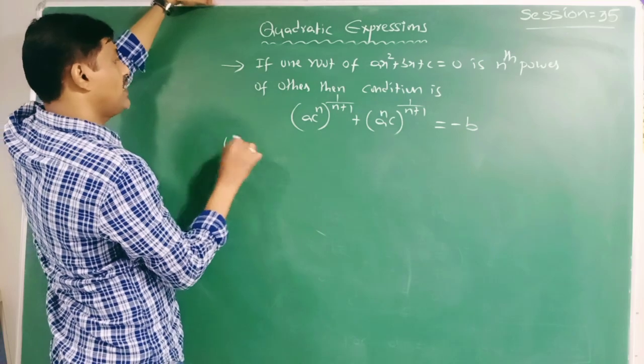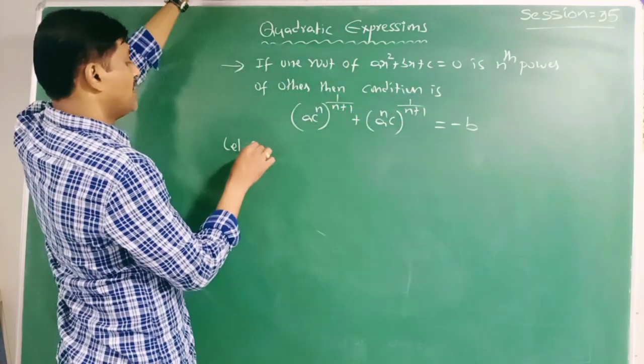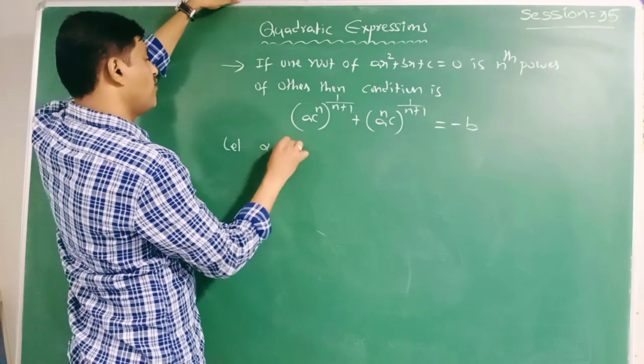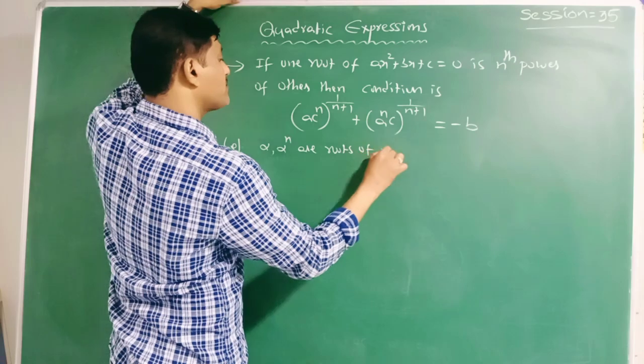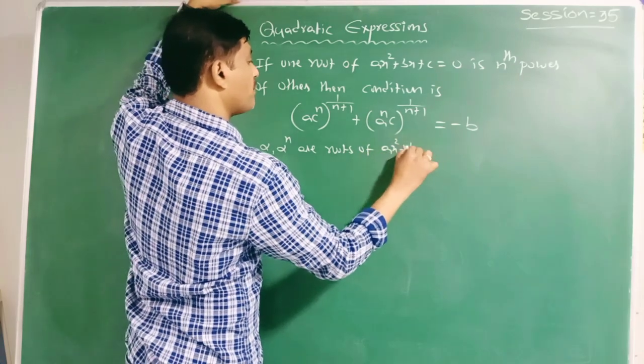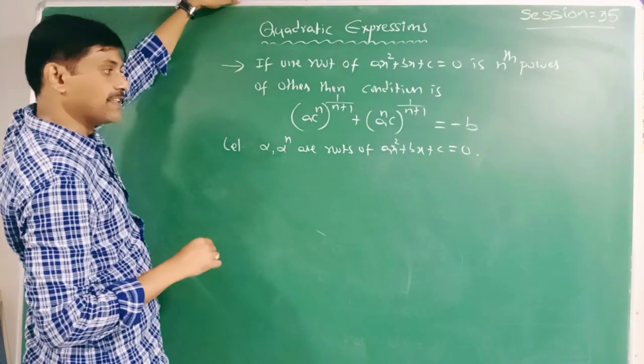Let us take one root as the nth power of the other. Let alpha and alpha power n be the roots of ax square plus bx plus c is equal to 0.